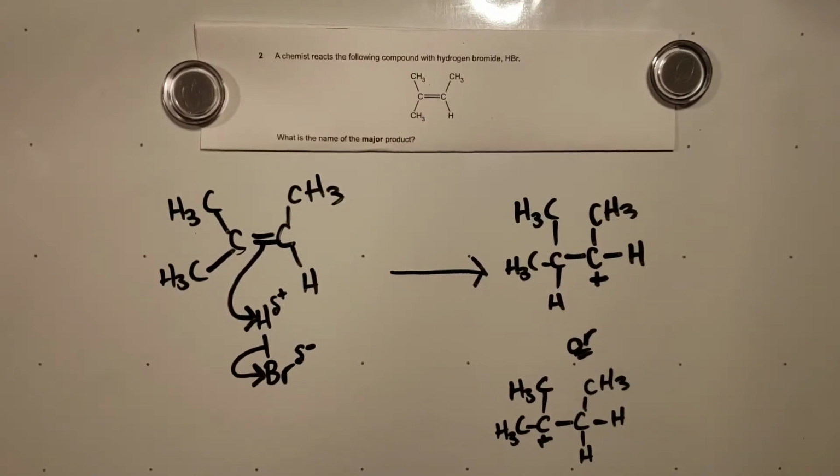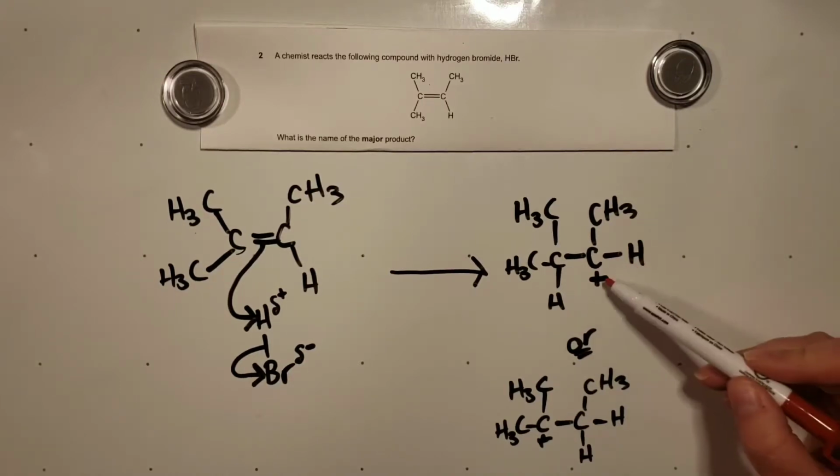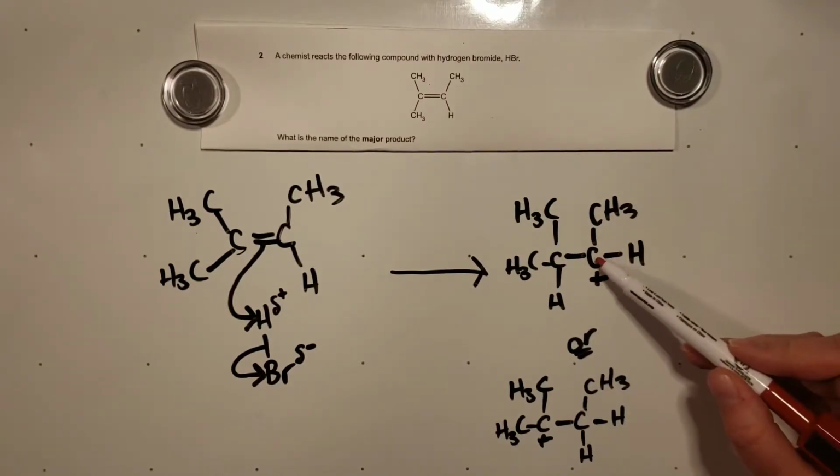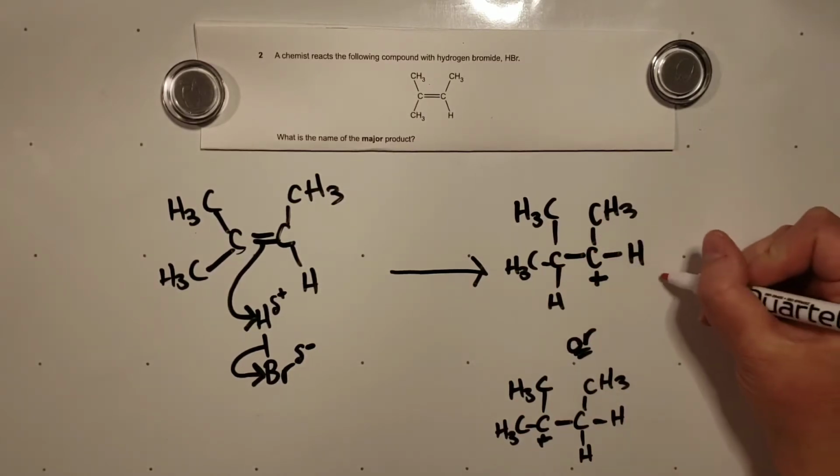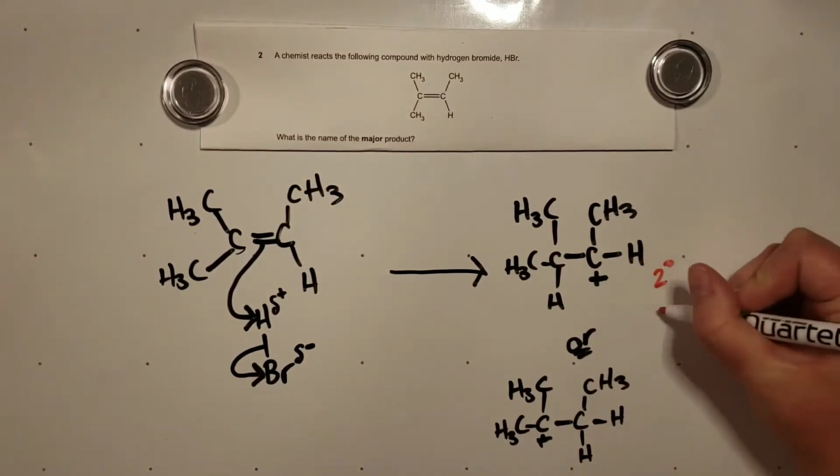And that is related to the stability of this carbocation. So this top one, this first intermediate, our carbocation has 2 carbons bound to it, so this is a secondary carbocation.